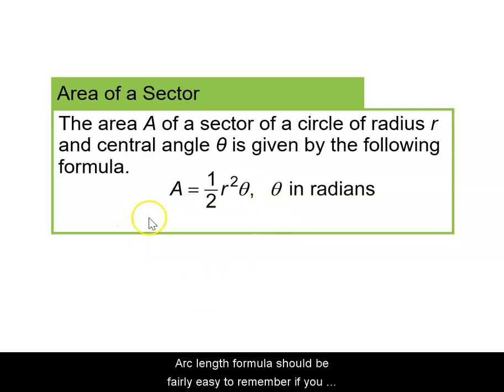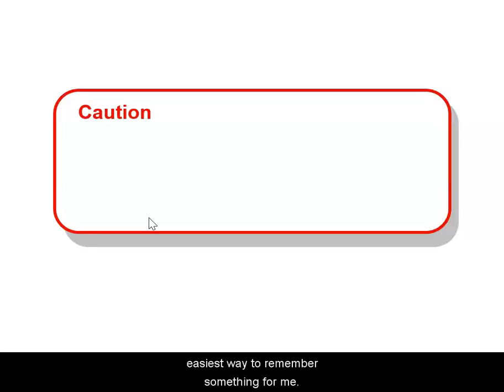So your arc length formula should be fairly easy to remember if you remember the circumference of a circle, and then you're just pulling that back to a portion instead of the whole thing. That's the way it works for me, at least. And I feel like that's most likely the easiest way to remember some of these formulas.